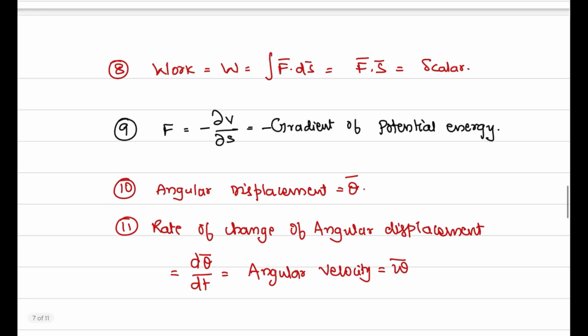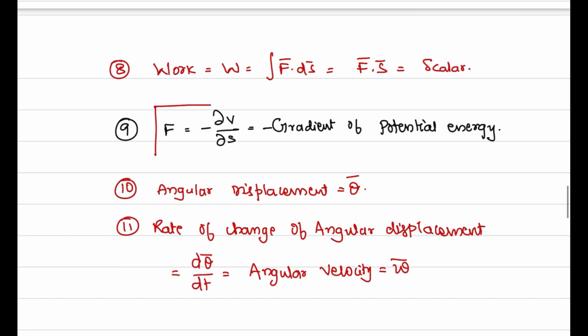Then work is equal to integral of F dot ds, that is a scalar. Then force is equal to, this is very important, minus dou V by dou s, where V is potential energy, because potential energy increases with height from the earth, and the force is minus g, towards the center of the earth.